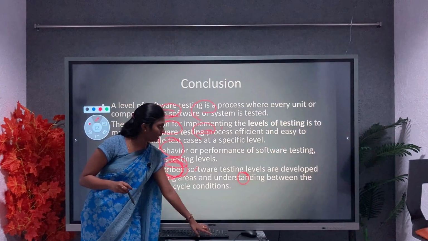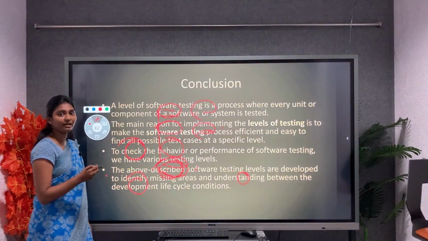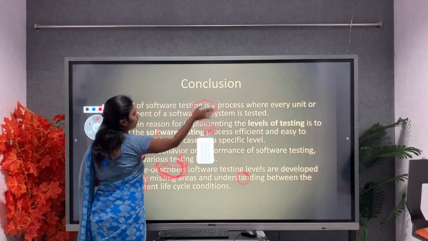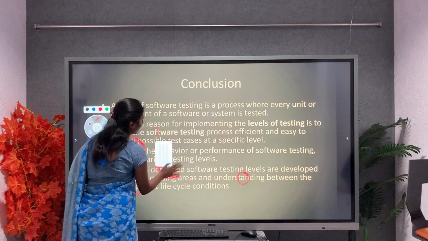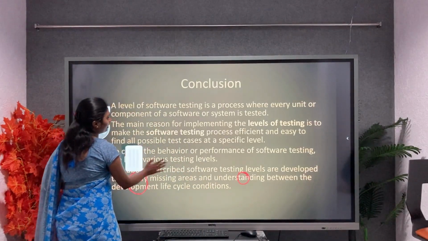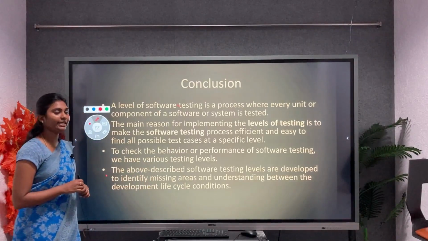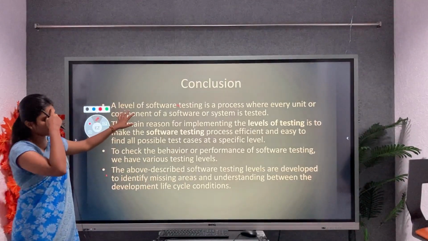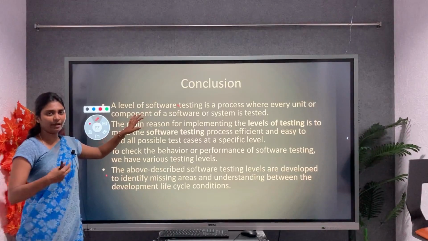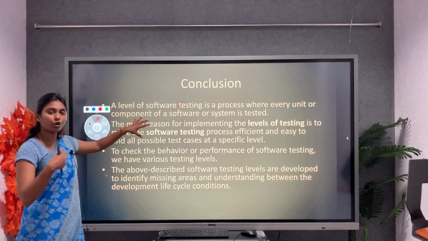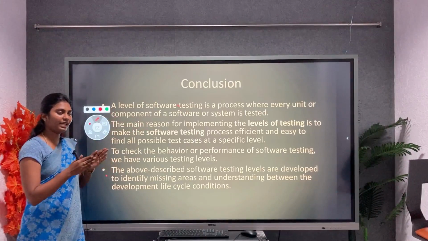Next, the last thing, the conclusion. The conclusion is about finding bugs in software independently, through a step-by-step process, which is nothing but the levels of testing. So the levels of testing apply everywhere. First point: every unit or component is checked independently.